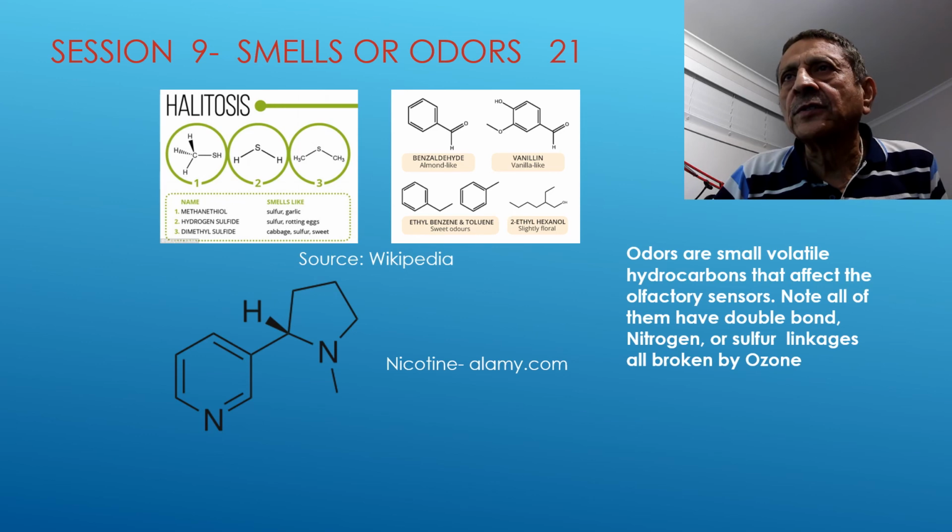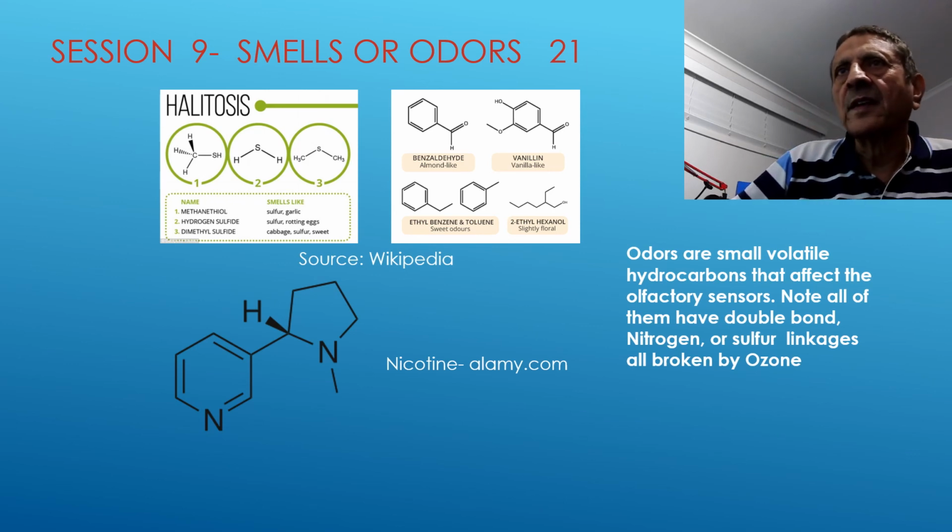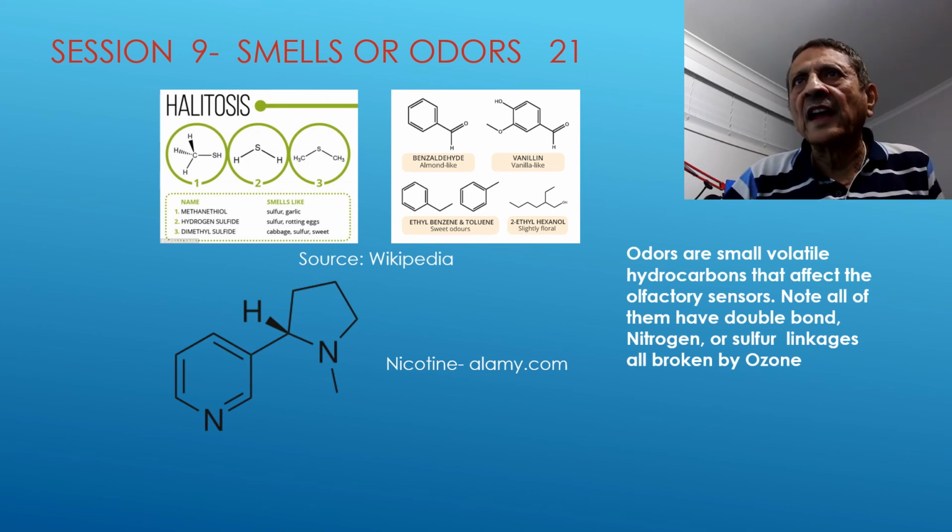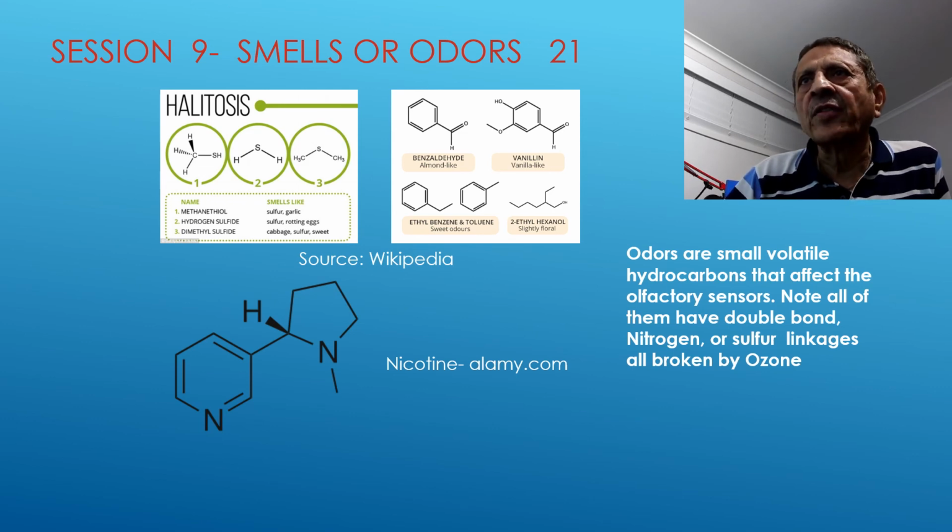We did explain to you in some of the earlier slides that the smells are basically conjugated double bonds. Some of them are complex organic compounds which also have double bonds. Halitosis is actually the odor that comes out of a person's mouth when he has a very high level of bacterial action.